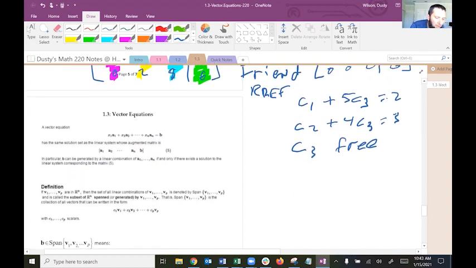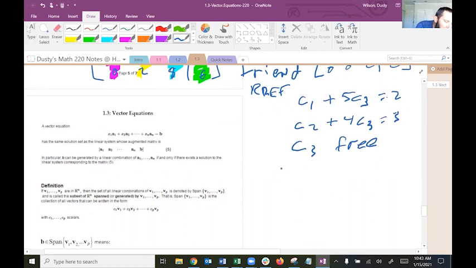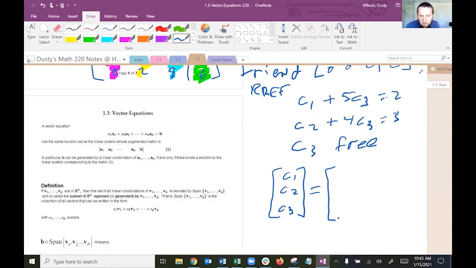And so we can put that stuff together and we can say that C1, C2, C3 is equal to 2, 3, 0 plus C3 times -5, -4, 1. If it's free, can we write C3? Yes, from Ben.